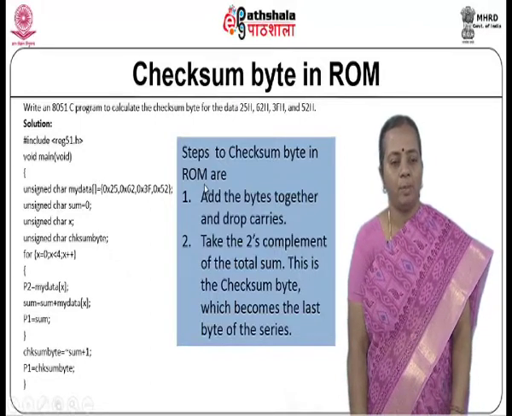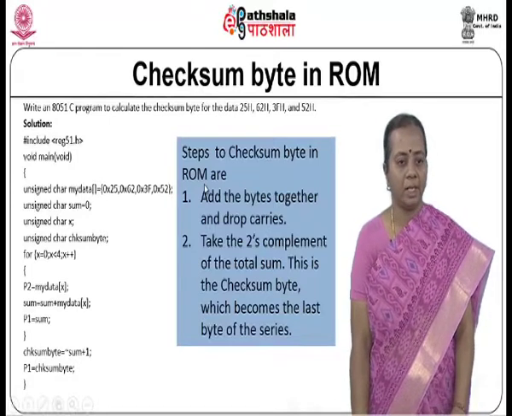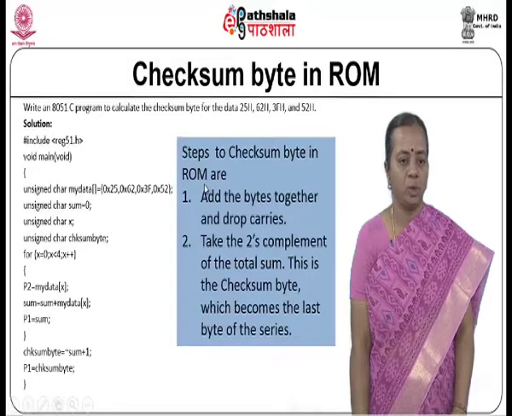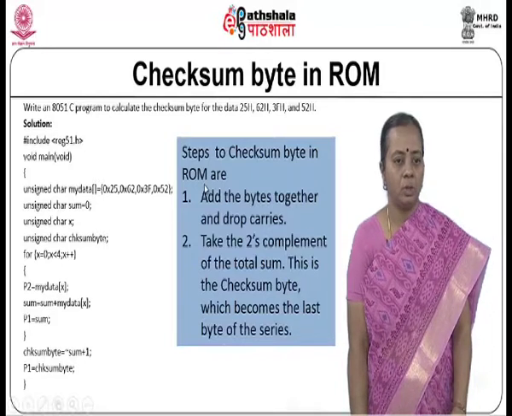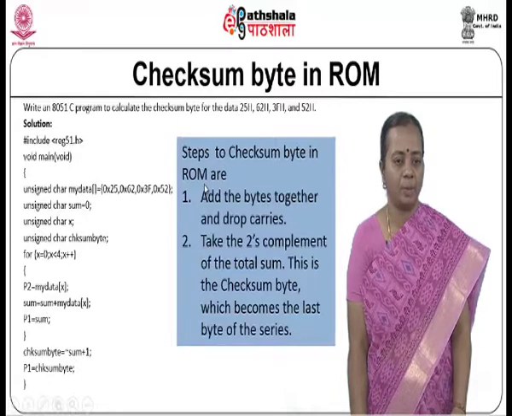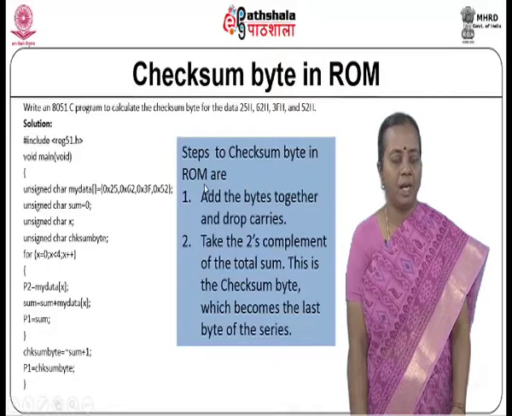Now, I am initializing sum equal to 0 and I am declaring a character variable x. With x ranging from 0 to 4, each and every time the loop is getting rotated. So, P2 is equal to my data of x. So, the first data is getting displayed at P2. Now, this my data of the first value is added with your sum and the sum is displayed at P1.